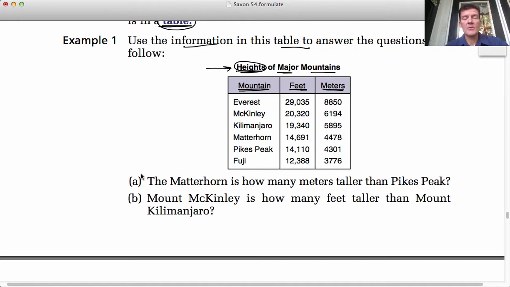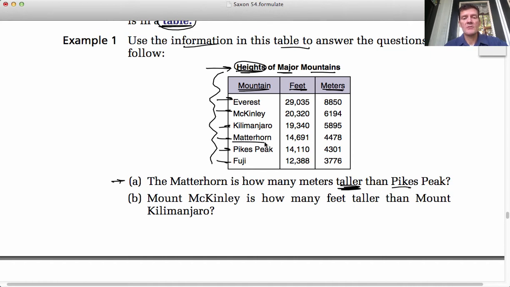Now we can answer some questions, and because it is organized in this way, we can quickly go to different mountains and see what their height is in feet and meters. We can compare mountains, we can find the difference between heights of mountains, etc. Question A: the Matterhorn is how many meters taller than Pikes Peak?